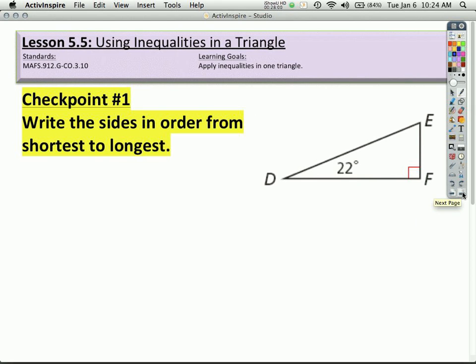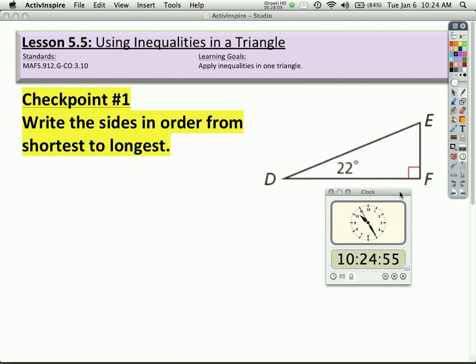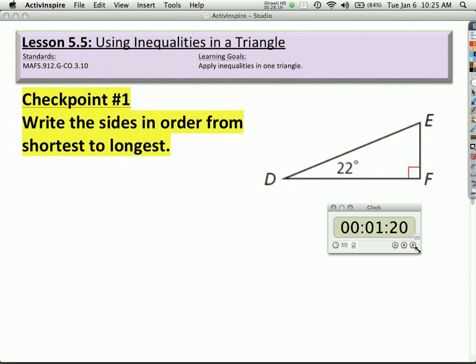So, checkpoint number 1. Write the sides in order from shortest to longest. We only have one question. Got about a minute. Actually, I'll put up a minute and a half. Compare your answer to your new teammates when you're done. See if you can come to an agreement.